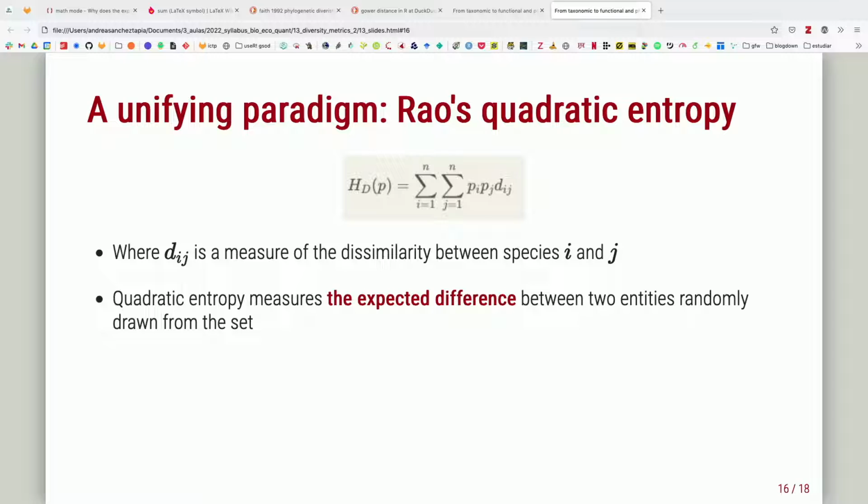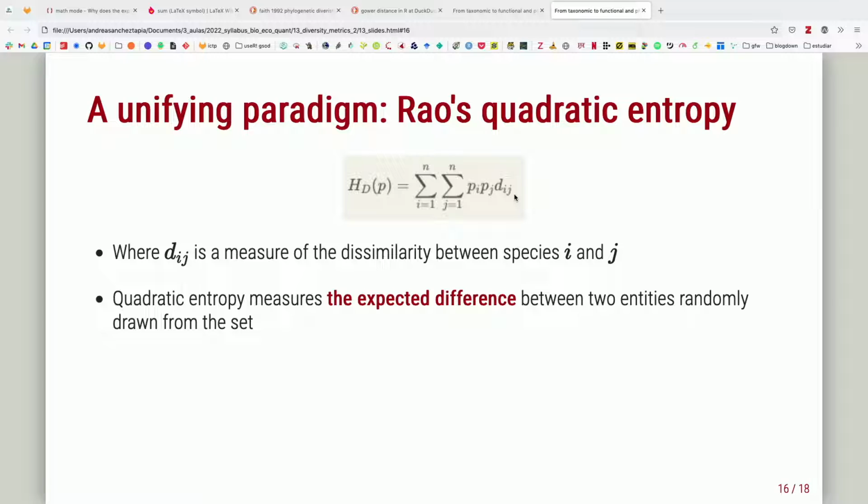If you see, it looks a little bit like you're summing relative proportions, but it has a pairwise distance between individuals of the community. So you sum for every pair of species, you multiply their relative proportions and the pairwise distance between them.